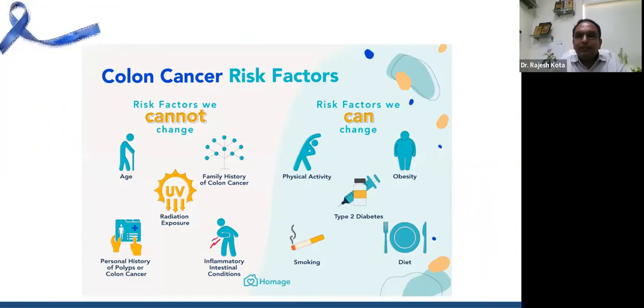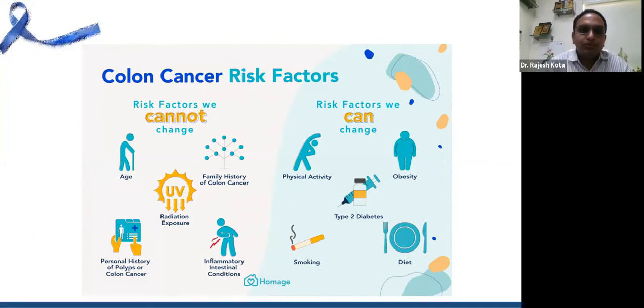Let's look at the risk factors: why do men and women get colon or rectal cancers? There are certain risks that can be modified, and some inherited risks that cannot be modified, risk factors that are not in our hands.